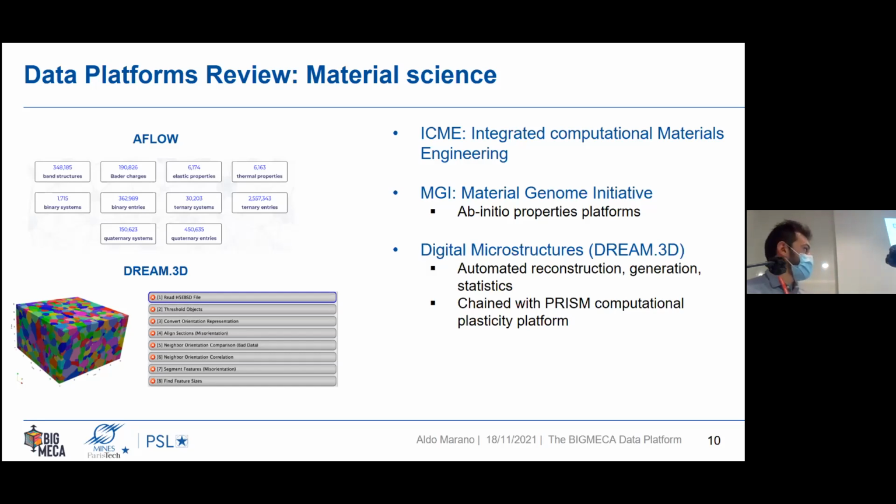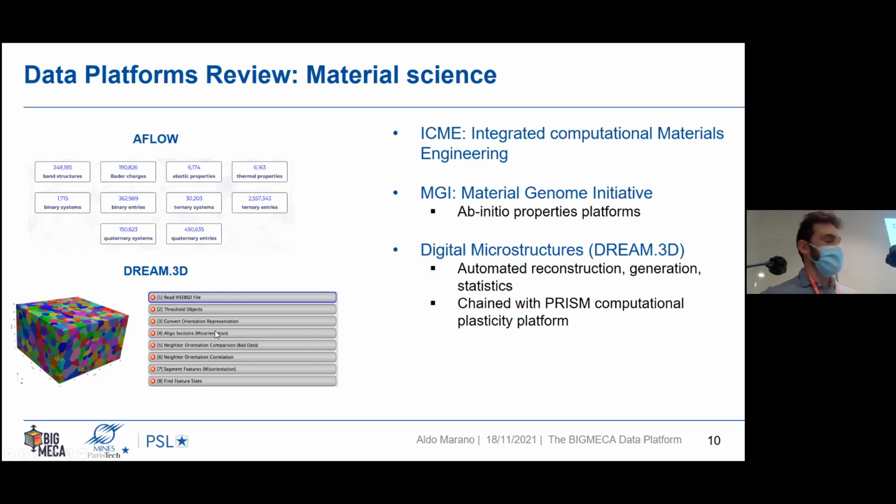And one initiative that has particularly interested us is the DREAM.3D software, which has set the ground to work with digital microstructures. So it set up a format and also provides the pipeline.